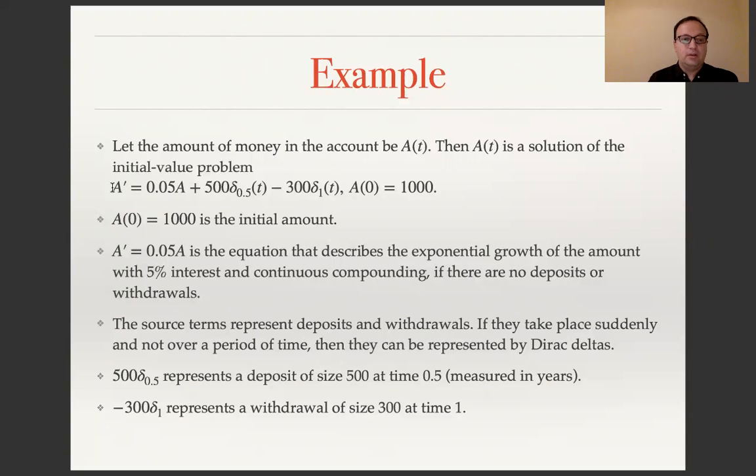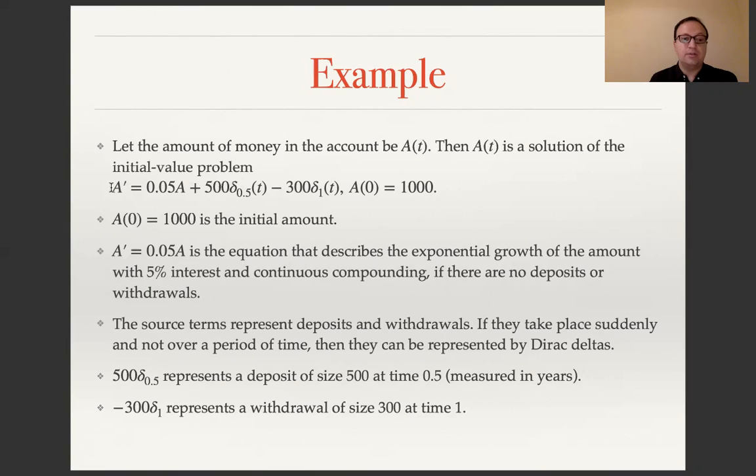Right, so what does each number represent? A of 0 equal to 1000 is the initial amount of money in the account. A prime equal to 0.05A is the equation that describes the exponential growth of the amount of money in the account under continuous compounding with 5% interest, if there are no deposits or withdrawals.